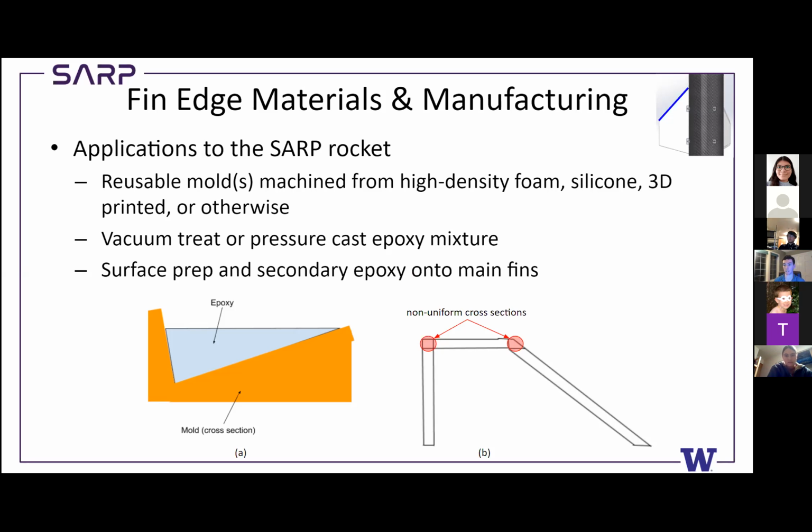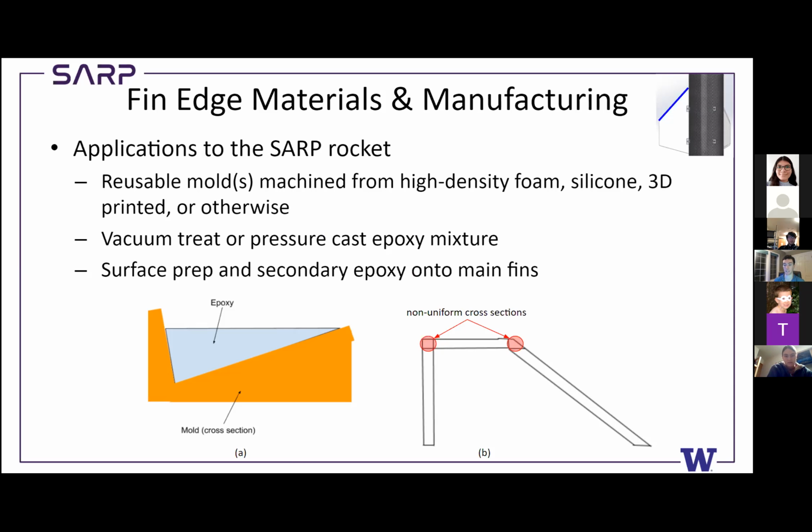We need to consider that epoxy often has bubbles forming, so we'd have to vacuum treat or pressure cast during the molding process. And then also after the material has cured, we still have to add it to the rest of the fin, which would require surface prep and a secondary use of epoxy to actually attach the fin edges onto the fin.